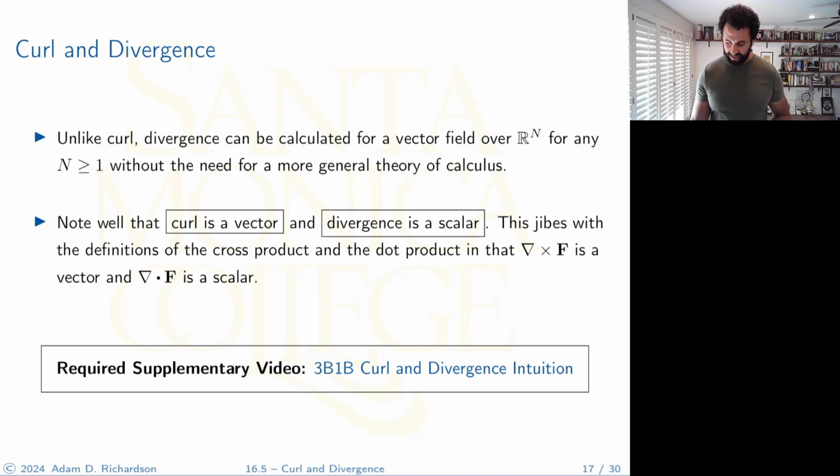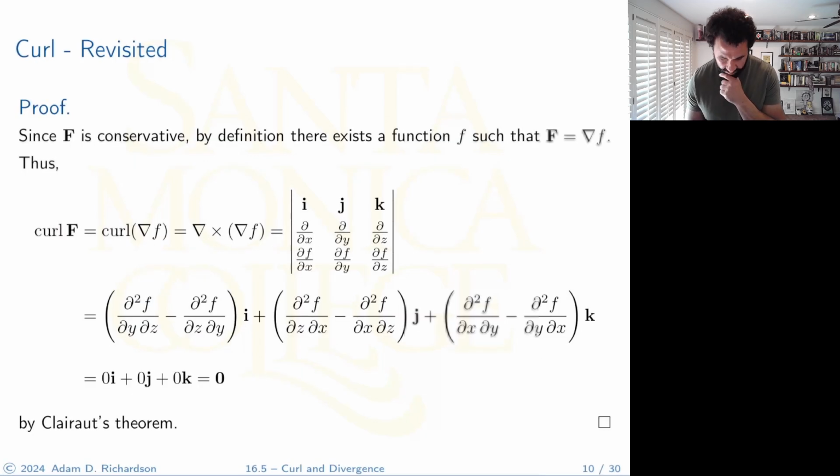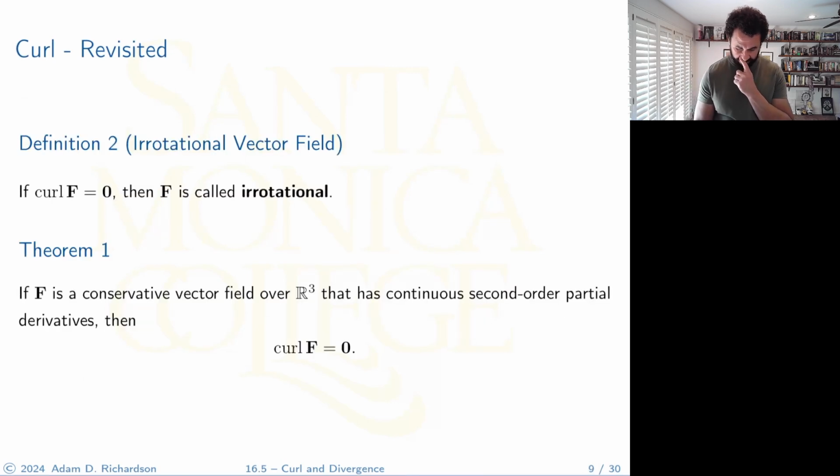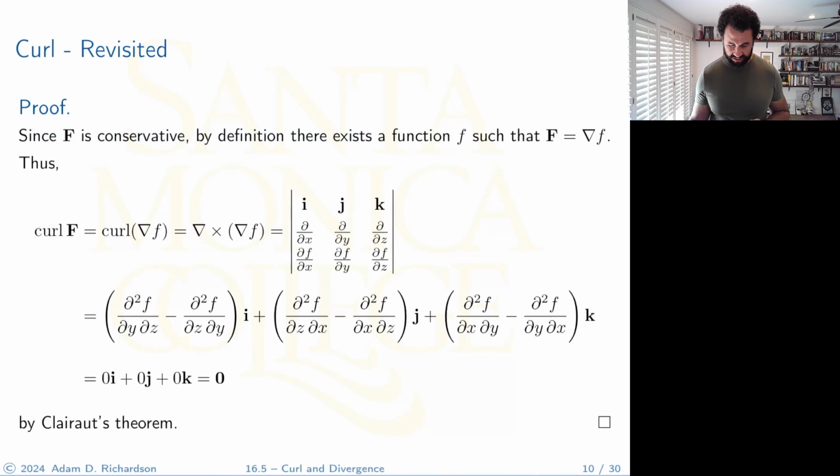It's really handy. Another thing I should point out, I didn't point it out earlier. Remember this proof? We were proving that if a vector field is conservative, then the curl is zero. If the curl is not zero, you can't have a conservative vector field. Well, if you think back to chapter 12, what did you get when you crossed a vector with itself?